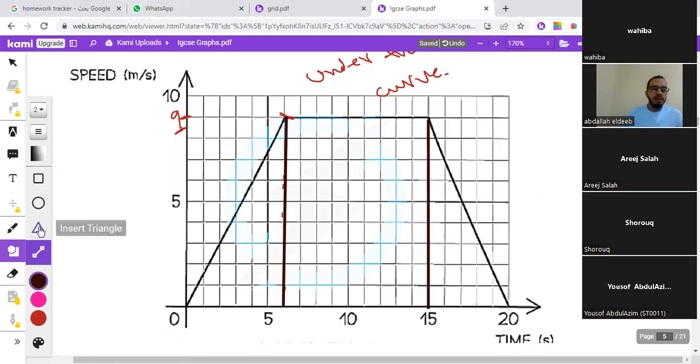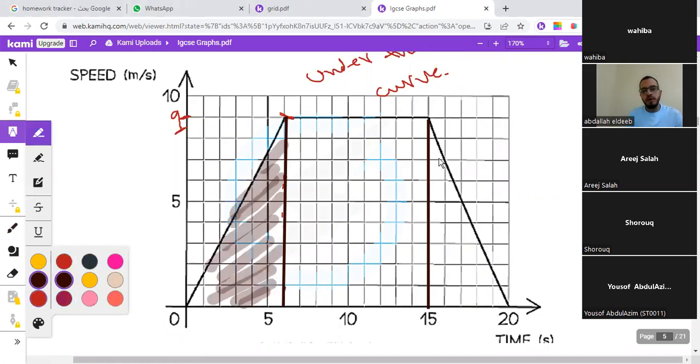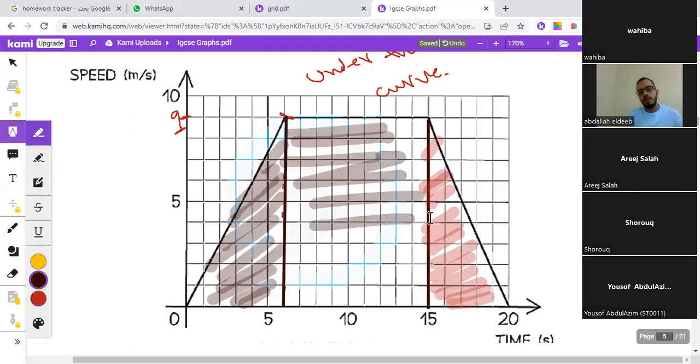You see this triangle? And also this one? And also the rectangle in the middle. So you find the area of the 3 shapes, 2 triangles, 1 rectangle. You add them together, the sum will be the distance covered.